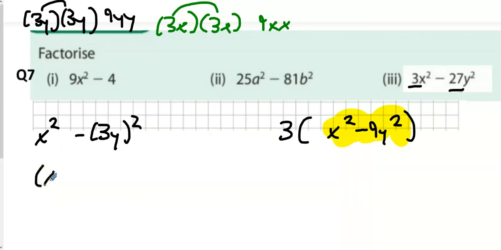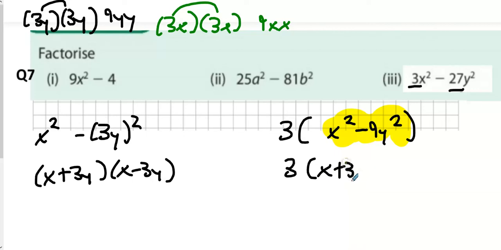Then we do the difference of two squares again, which is x plus 3y and x minus 3y. And lo and behold, our answer can turn into 3 times x plus 3y and then x minus 3y. That's the answer to that one.